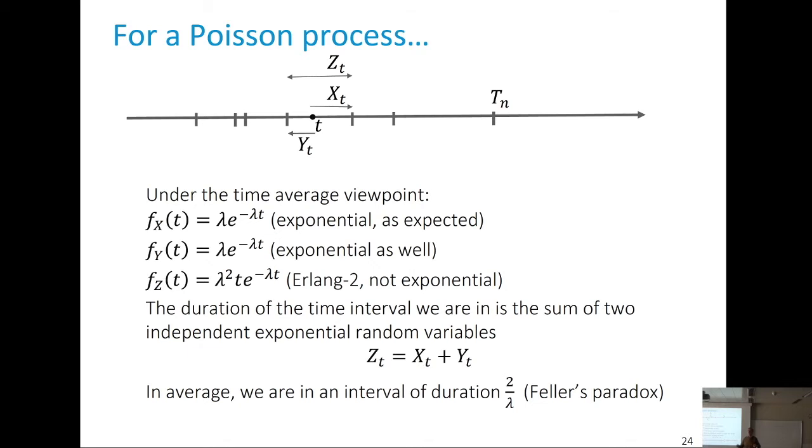And even if the distribution is memoryless, I'm more likely to find longer intervals. So this is also called Feller's paradox. So even for the Poisson process, there's a factor 2 here. Right? So if you remember that, that should give you a very clear anchor on what is true and what is not true in terms of viewpoints.